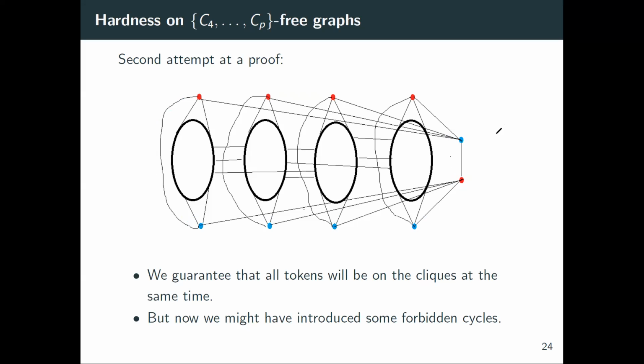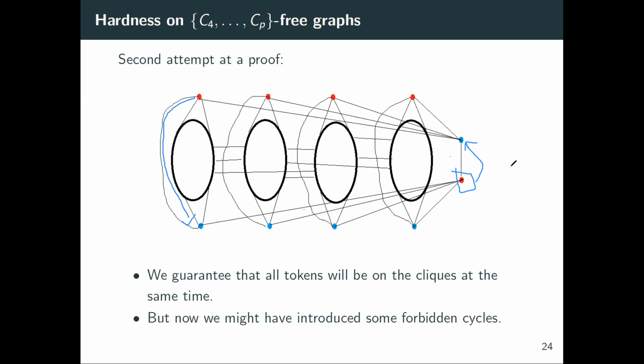But now notice what happens. If any red token wants to come to the blue position, then this red token needs to be moved to this position before. And if you move that token up to the blue position, then you can no longer have any of the red tokens on the universal vertices, which means that they will all have to be simultaneously inside the cliques.